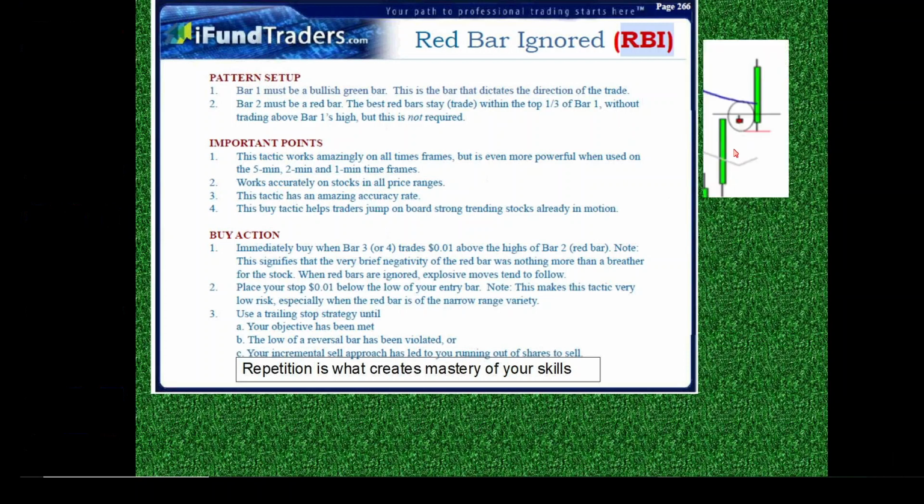The red bar ignores the pause in between. This pause has to stay in the upper 1/3 of this bull elephant bar. So it stays up there, right? And it has nice follow through with another big green elephant bull bar. It's kind of like a picture perfect scenario of a ribby.